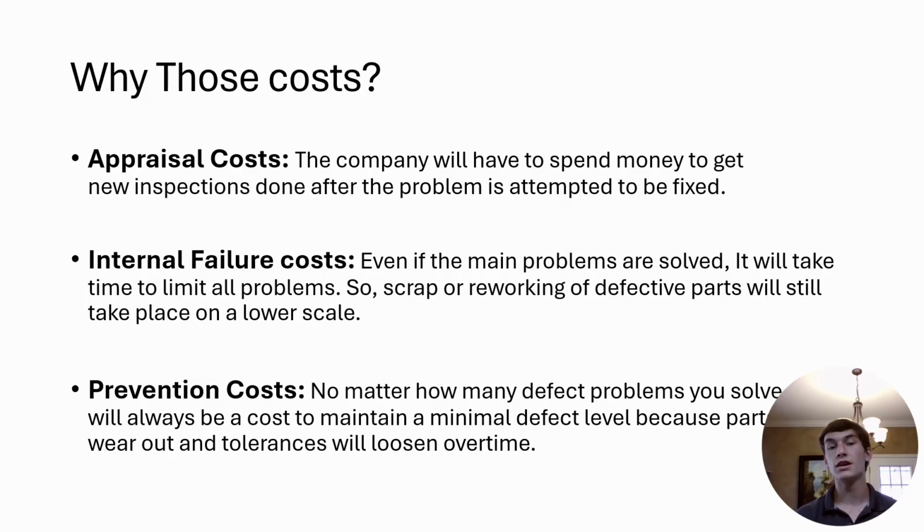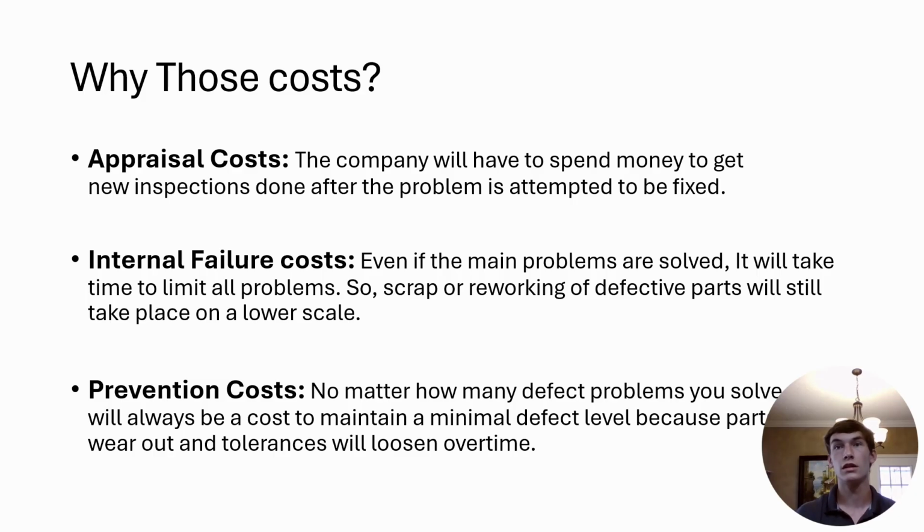And the next one's internal failure cost. Even if the main problems are solved, it will take time to limit all the problems. So scrap and reworking of defective parts will still take place on a lower scale. So basically what this is saying is even though you're going to be solving these problems, and even if you minimize the amount of defects, while you're doing that, you're still going to have defects.